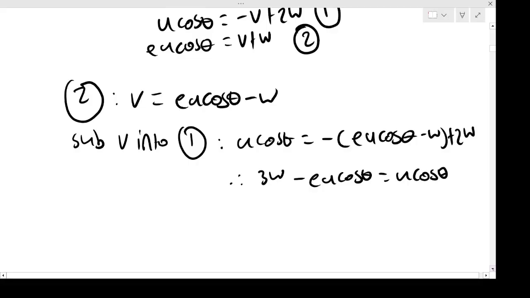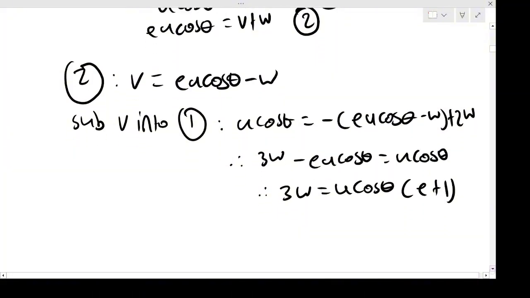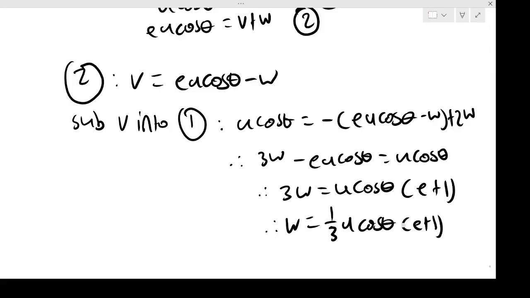Therefore 3w, we can factor u cos theta out, and we get e plus 1. Hopefully happy with that so far. I'm just rearranging for w. Dividing by 3, I get w to be a third u cos theta of e plus 1, and there we are.